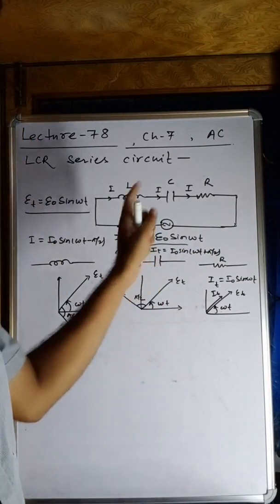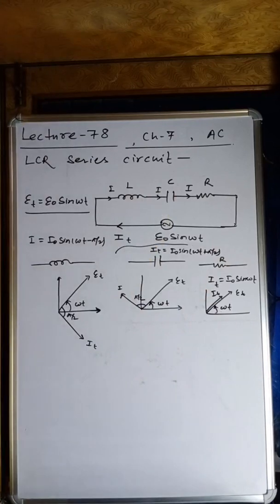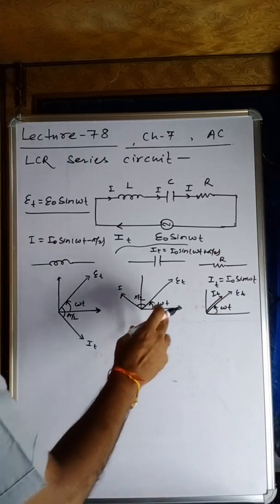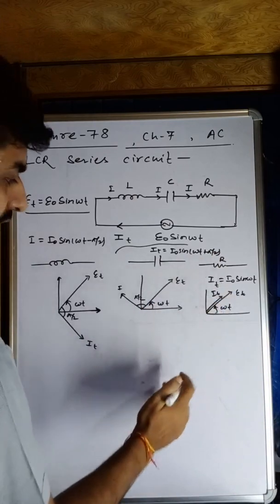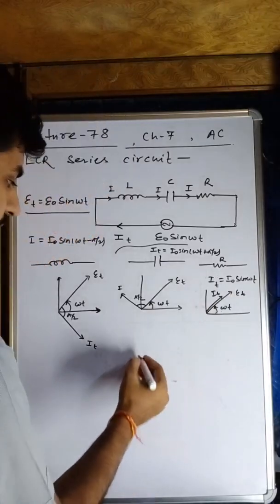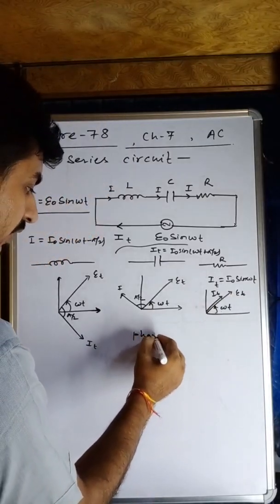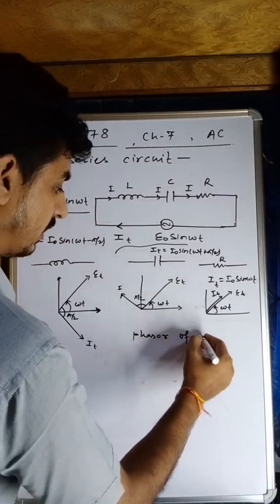So suppose along the x-axis we are representing the current. I hope it would be very easy to understand for you. If we take this current on the x-axis, it becomes the phasor diagram of LCR.